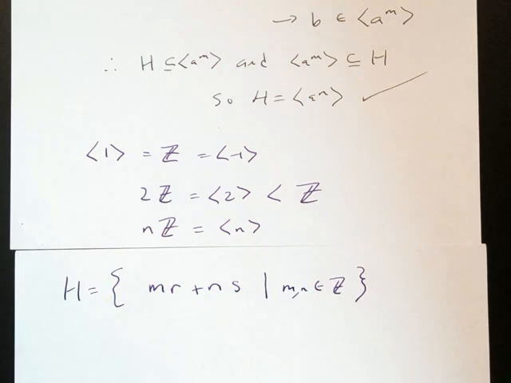Instead of just giving you one number, I'm going to give you 2. And I want you to take all the multiples of the first one, R, and all the multiples of the second one, S, and I want you to add them together willy-nilly, however you want. This is a giant collection of integers. I claim this is a subgroup. If it's a subgroup, then it's going to have a generator.